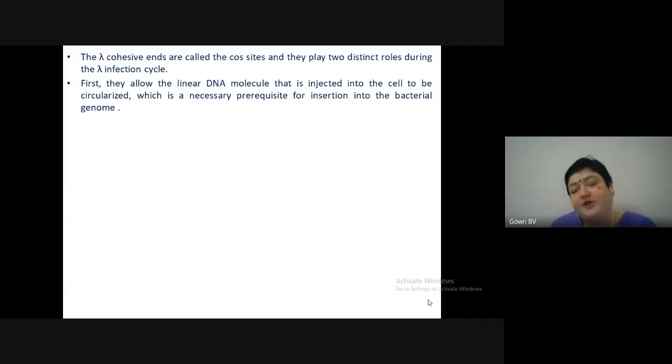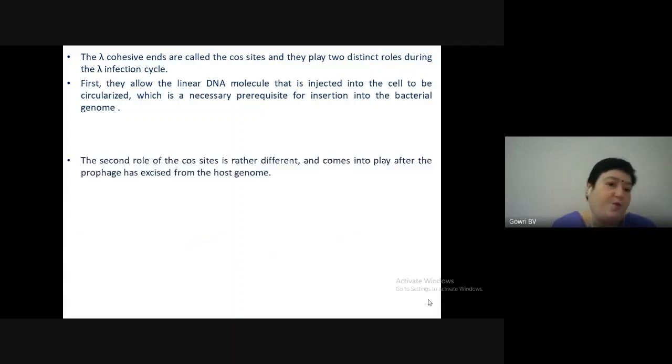As I told you, there should be prophage formation, there should be integration. To be integrated with the bacterial chromosomal DNA, first the lambda DNA molecule has to circularize itself.